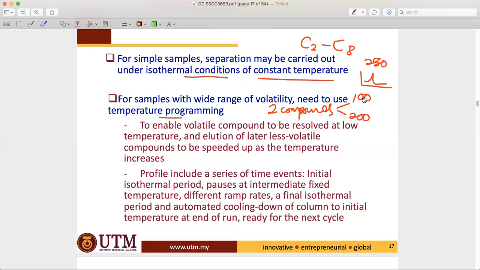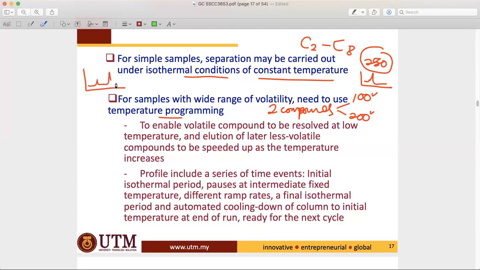So because it's not that far, what I mean is that when you set it up at 250 straight away, this vaporizes, this also vaporizes. Okay, so for this kind of chromatogram, it's not that good because you don't have good resolution. Resolution means that the peaks are not well resolved.